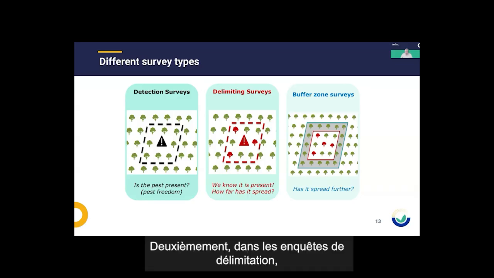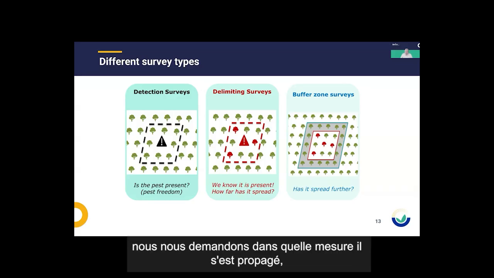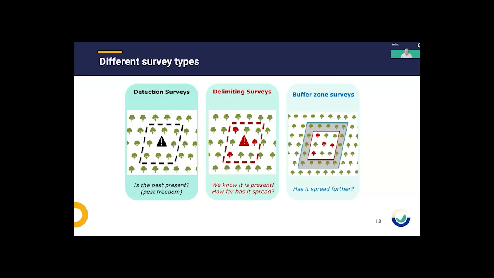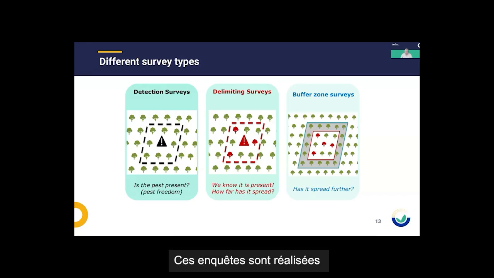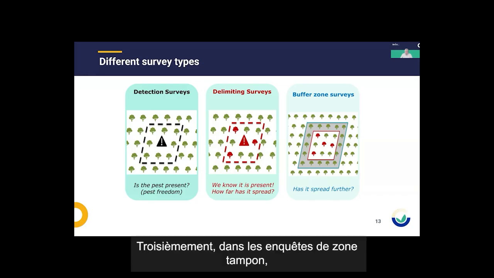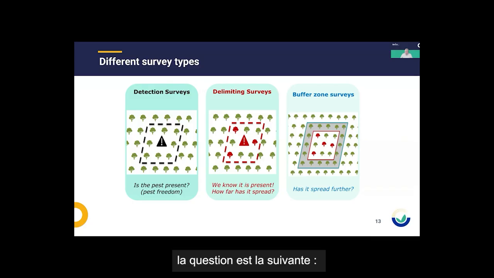Second, delimiting surveys: we ask how far it has spread, if already identified. They are performed immediately after an infestation has been detected, essentially to map the infested area where the pest is circulating. Third, buffer zone surveys: the question is, has it spread further?